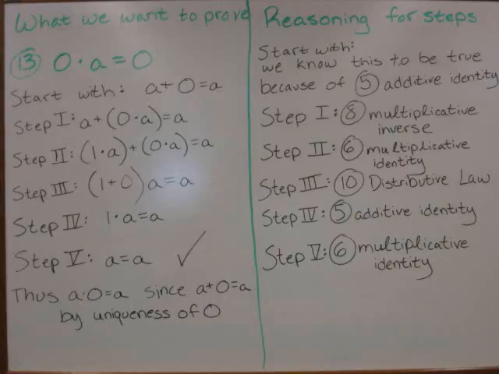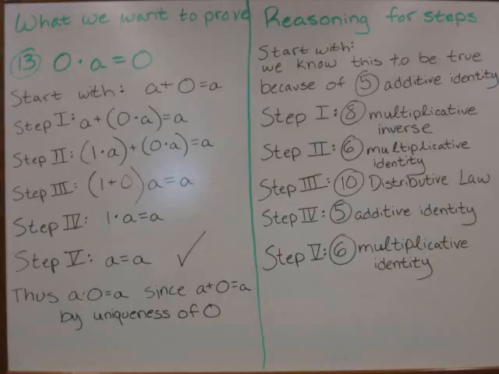So in the first step, we're going to say that A plus 0 times A equals A. In the next step, we're going to say that 1 times A plus 0 times A equals A. It's the multiplicative identity. Use the reverse distributive law, and we're going to say that 1 plus 0 times A equals A. Additive identity. 1 plus 0 equals 1.